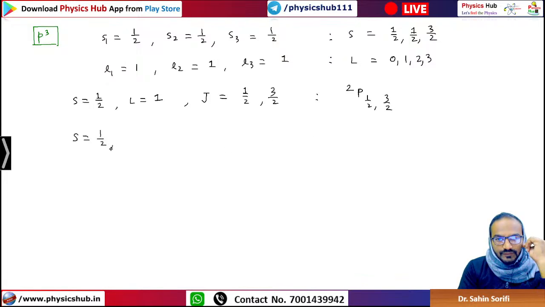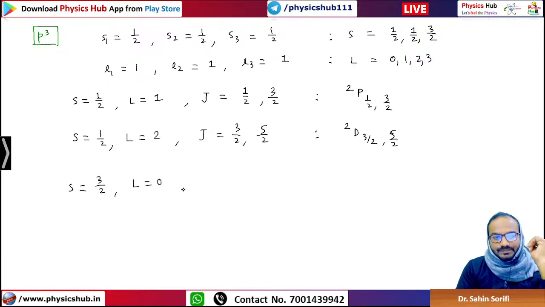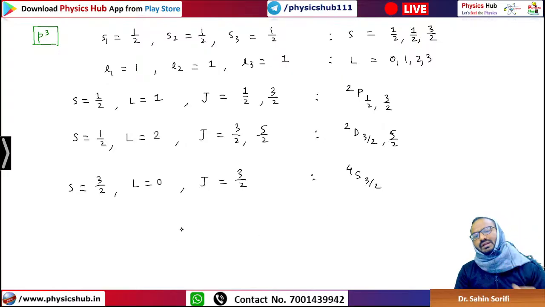S equals half, L equals 2, J will be 3 by 2, 5 by 2, so we get 2D 3 by 2, 5 by 2. S equals 3 by 2, L equals 0, J equals 3 by 2, so we get 4S 3 by 2. Only these terms we get; other terms vanish. This is an exception.